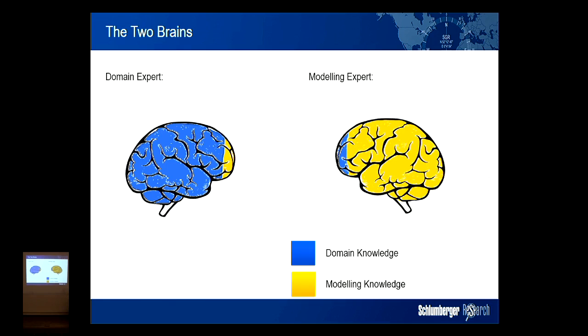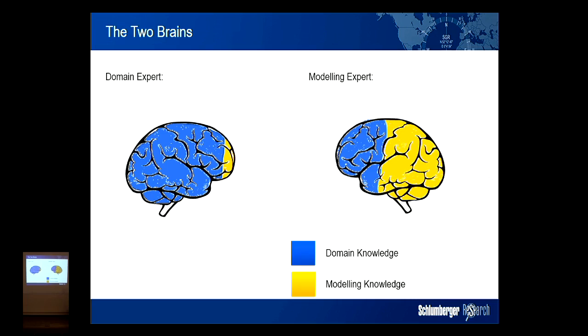Okay, so you go away, you read a book, and you learn a little bit more. So as the modeling expert, you're learning more and more about the domain. The domain expert might not even be a technical person, right? So they may be a curator of a museum or anything, and they might have no way of becoming this modeling expert. So their modeling knowledge isn't growing, but your domain knowledge is growing.